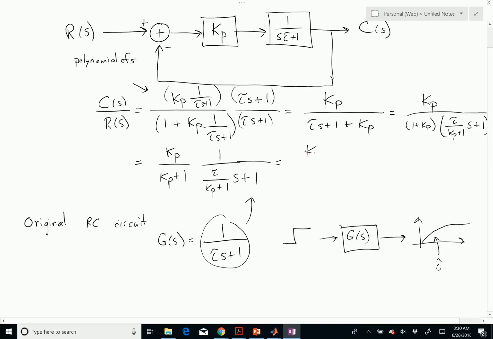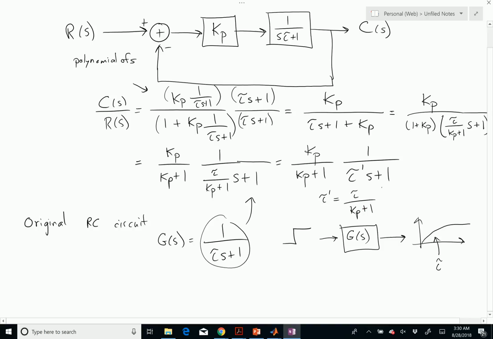You look at this guy, Kp over Kp plus 1. This guy is still first order, but this guy has a different time constant.